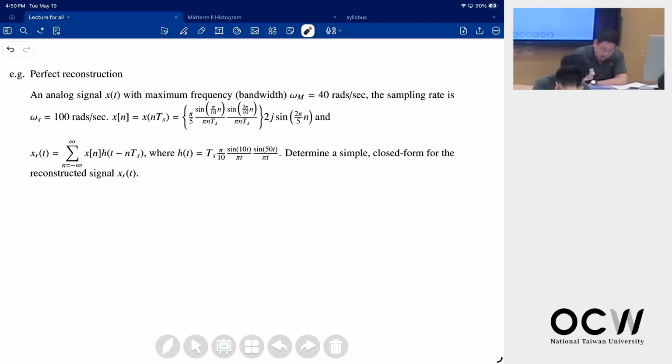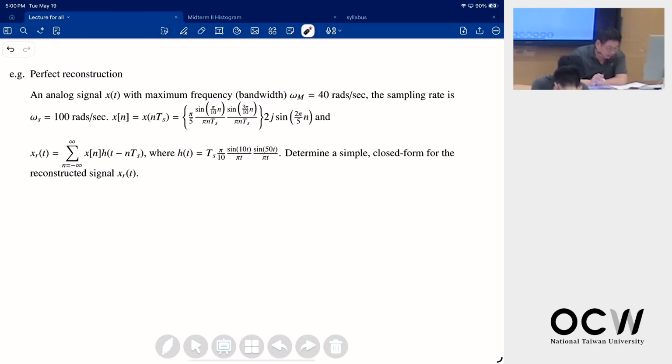What is the perfect reconstruction? It is your discrete signal times this h, and h looks like that. I need to find a simple closed form for the reconstructed signal. How can we rewrite it in a simple closed form?